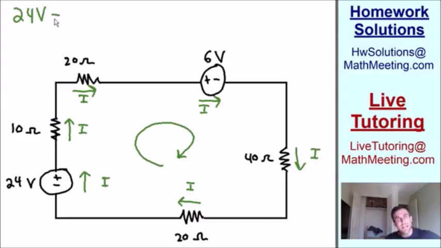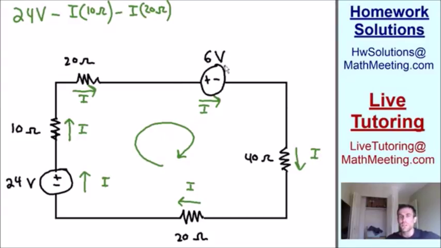So we're going to have a negative voltage change, and the voltage is going to be the current times the resistance. So the current I multiplied by the resistance of 10 ohms. Moving on to this 20 ohm resistor, once again, we are going with the current, so it's going to indicate a negative voltage change. So the voltage is going to be the current times the resistance of 20 ohms.